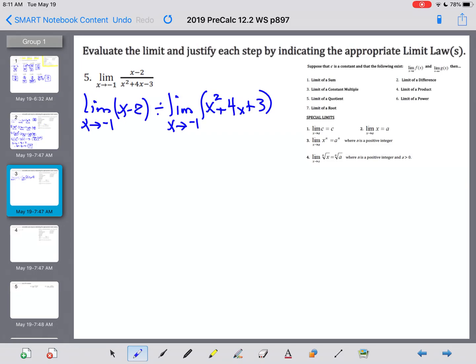Okay, so that I use law of the quotient 5. Now I'm going to split these up here, so I'm going to use some square brackets.